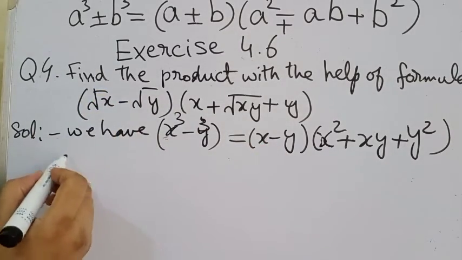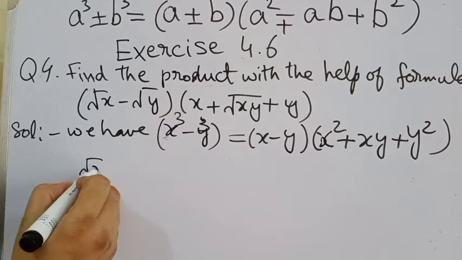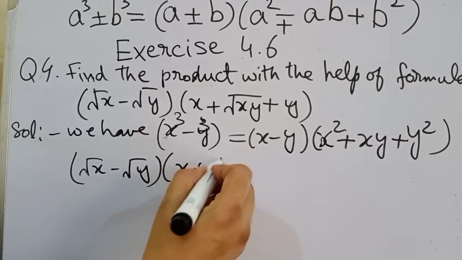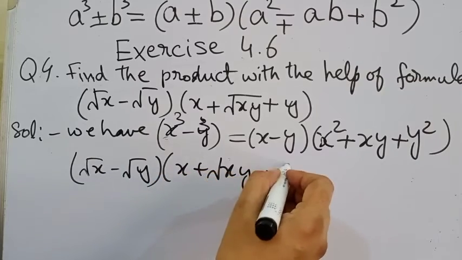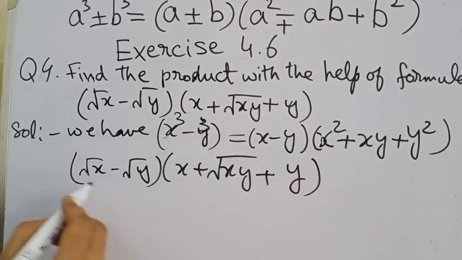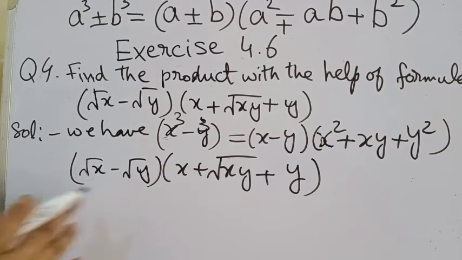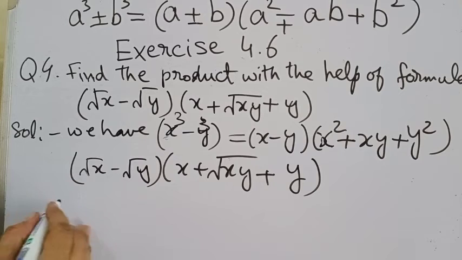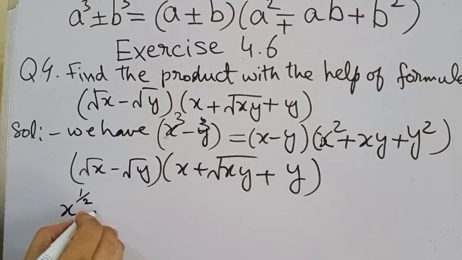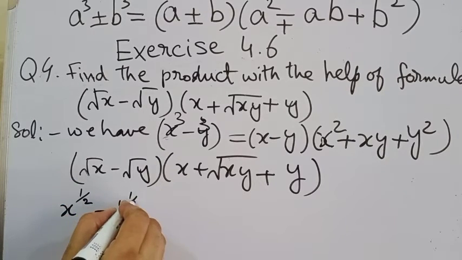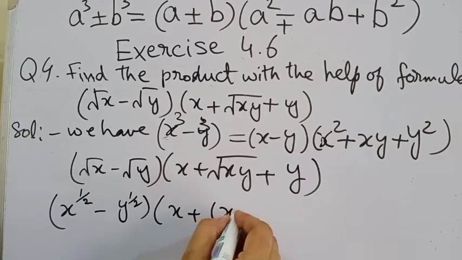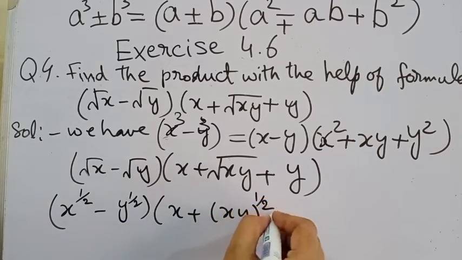We have square root of x minus square root of y multiplied by x plus square root of xy plus y. We write this in power form: x raised to power 1 by 2 minus y raised to power 1 by 2, and x plus xy raised to power 1 by 2 plus y.